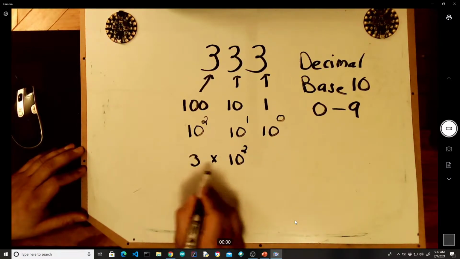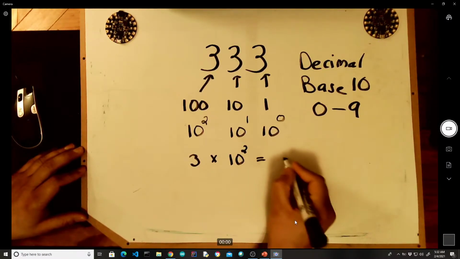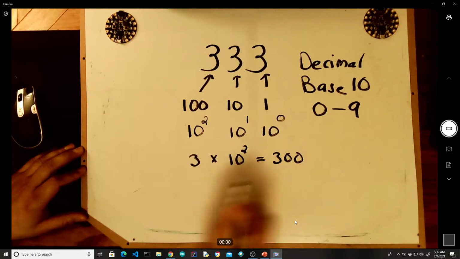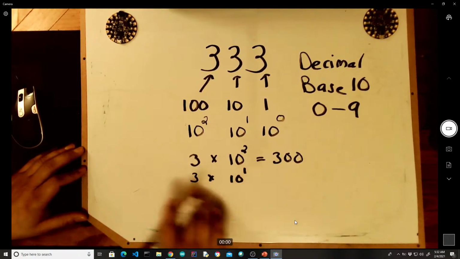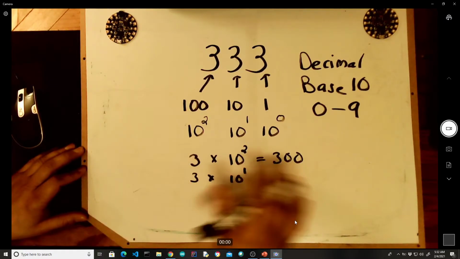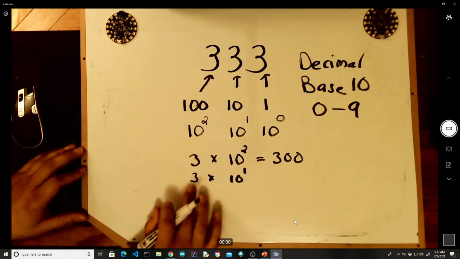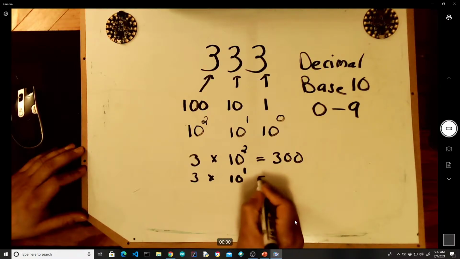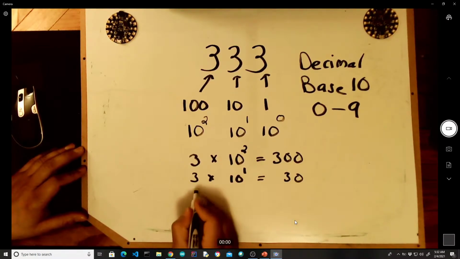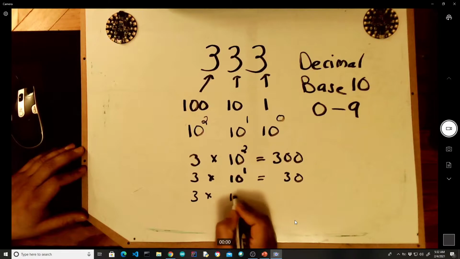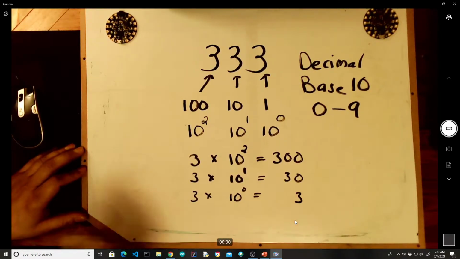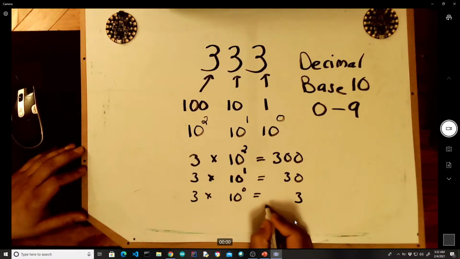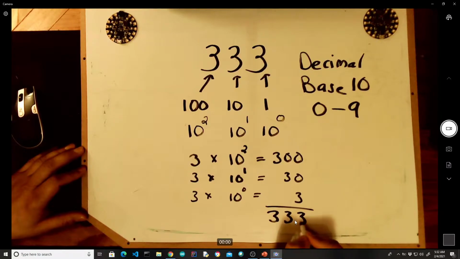So 3 times 100 gives us 300. 3 times 10 gives us 30. And then 3 times 1 gives us the 3. And then what do we do with all this? We add it up and we get the 333.